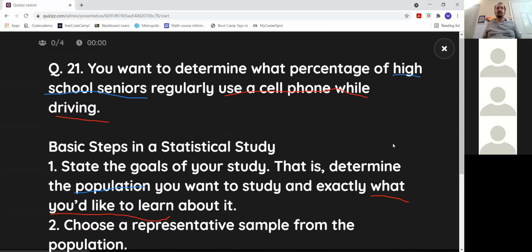Choose a representative sample from the population. So how are you going to choose a representative sample from the population? And we haven't talked about sampling. We get another example in a minute about sampling and biases. But basically the goal of this is to choose something that's not biased, or to choose something that minimizes bias, I should probably say. So how are you going to do that?